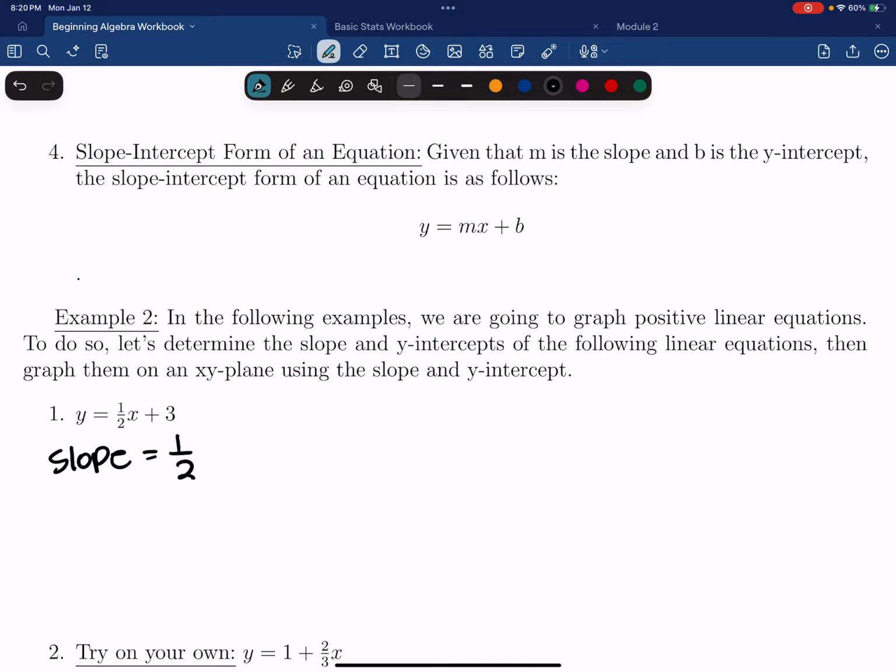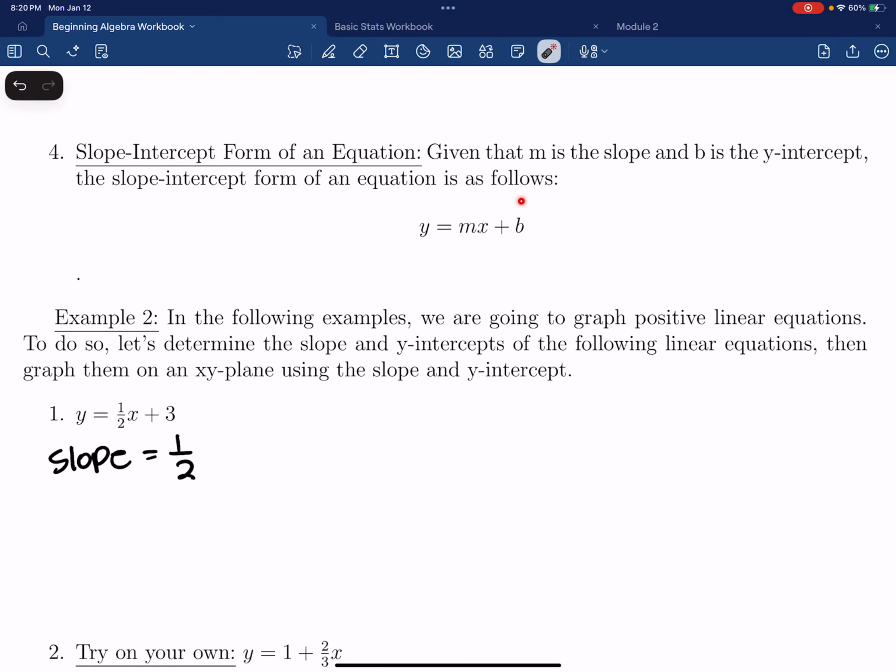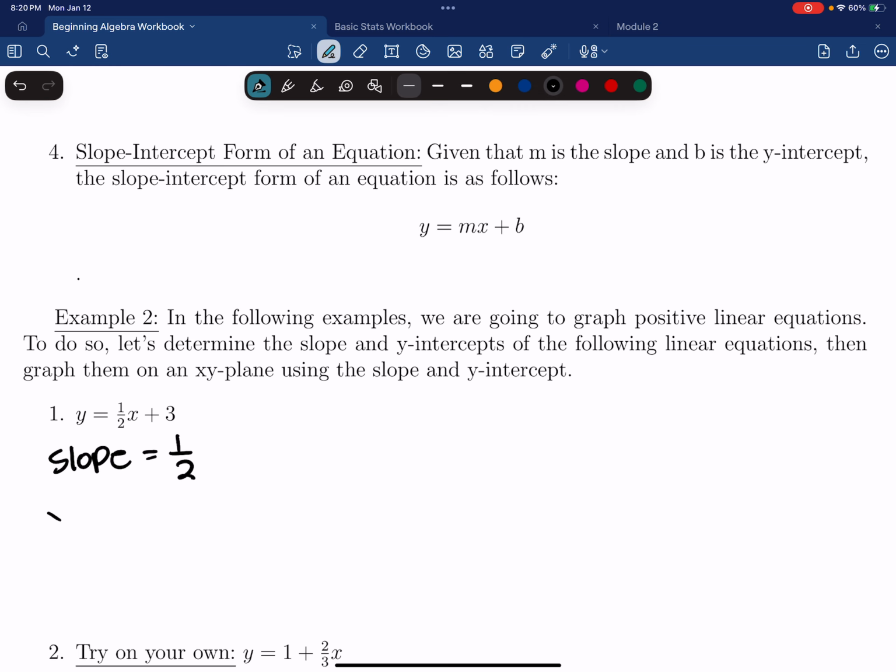And then our y-intercept, that's our b value, or in other words, what's being added to x. So what's being added to x? That's 3. So our y-intercept is 3. Now using this information, let's graph this line.